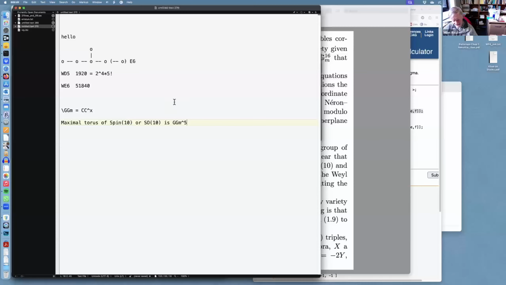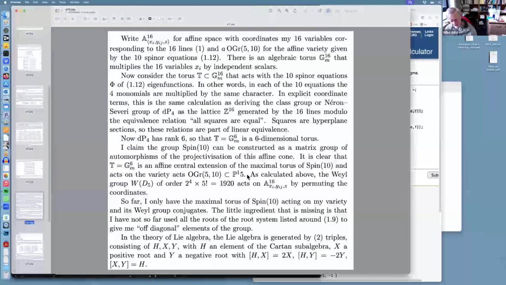Yes, so that's rank 5, the D5. Yes, so this group here, this D5, the maximal torus, acts on projective space, and it takes the orthogonal Grassmannian to itself. Yes.